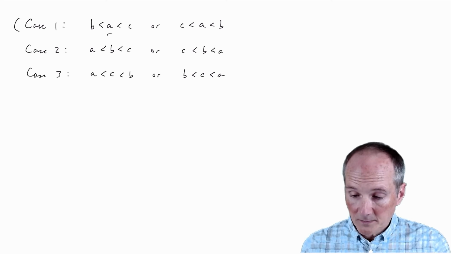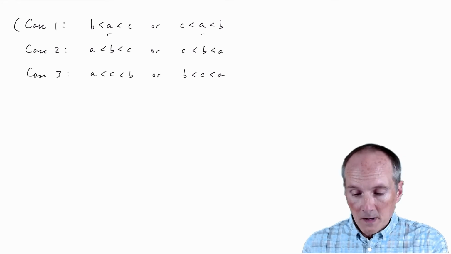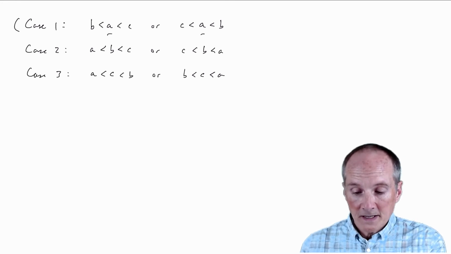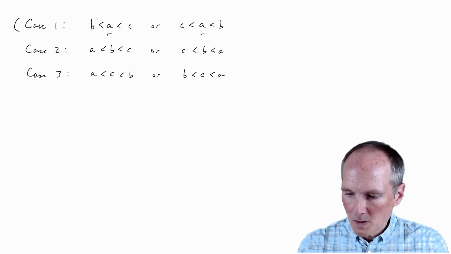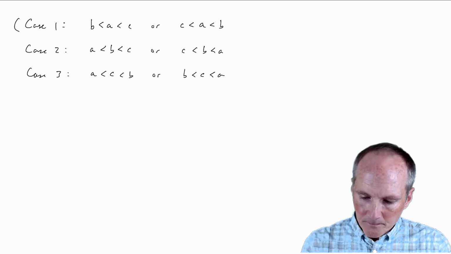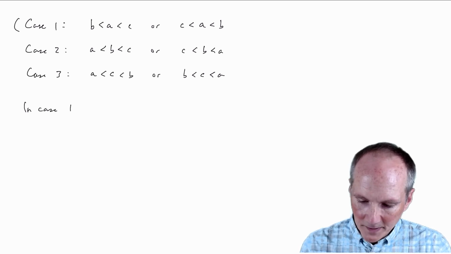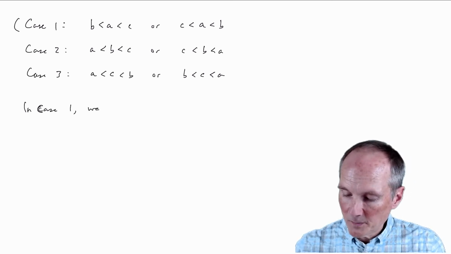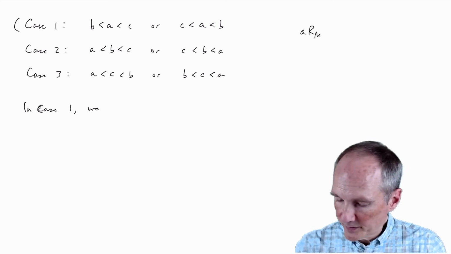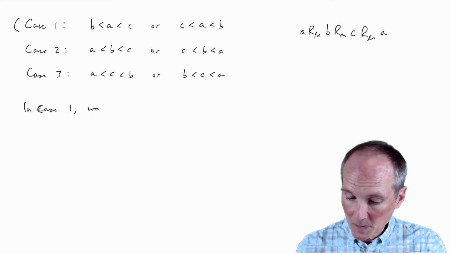If A is in the middle, single-peakedness implies that for any voter, that voter must prefer A to either B or C, or maybe both, but at least one of those, right? Now, in case 1, remember we have this weak majority cycle.